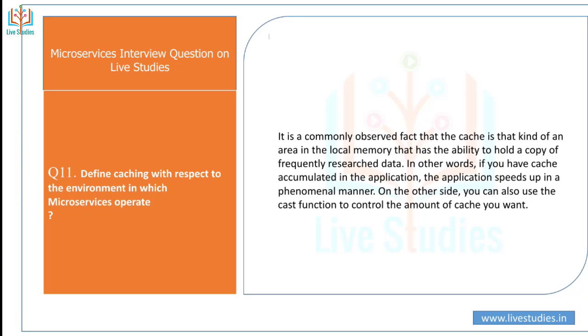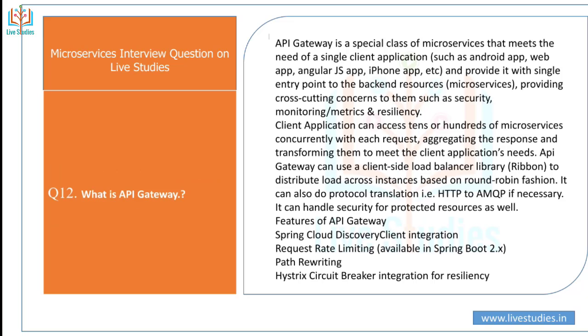In other words, if you have a cache in the application, it speeds up in a phenomenal manner. On the other side, you can also use a cost function to control the amount of cache you want.